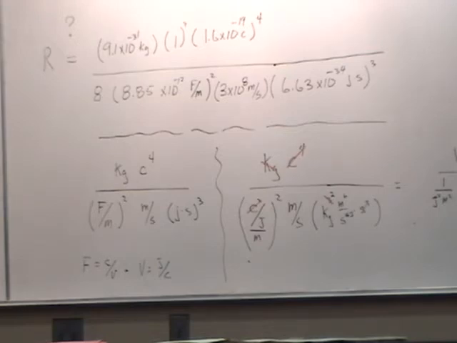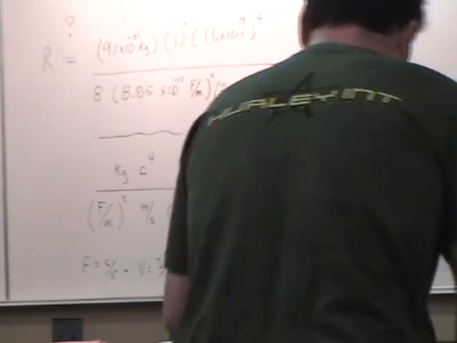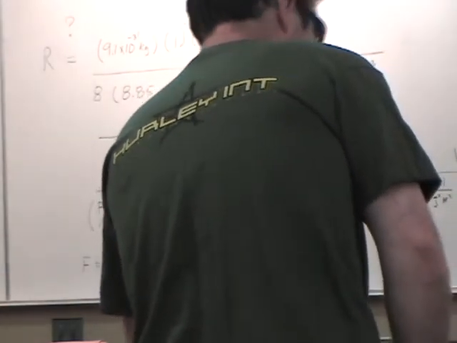So we got 9.1 times 10 to the minus 31. Times 1, so we'll just forget that. 1.6 times 10 to the minus 19. 1.6 times 10 to the minus 19. 4 divided by 8 times 8.85. We decided that was times 10 to the minus 12, right?